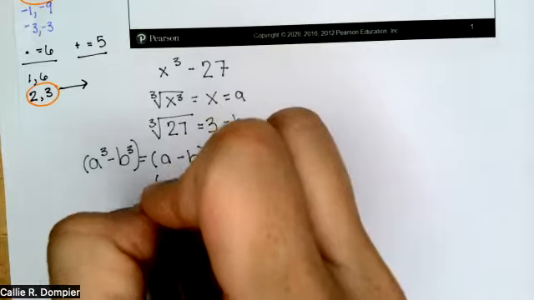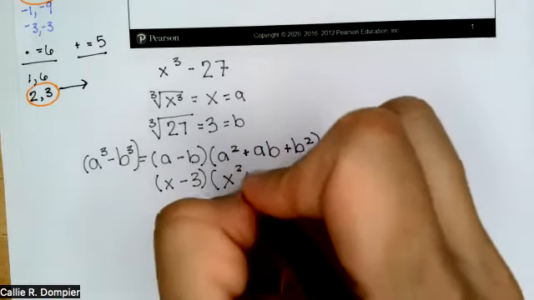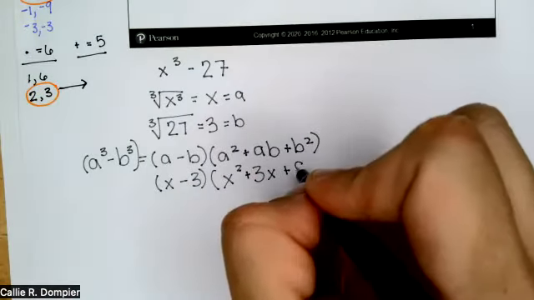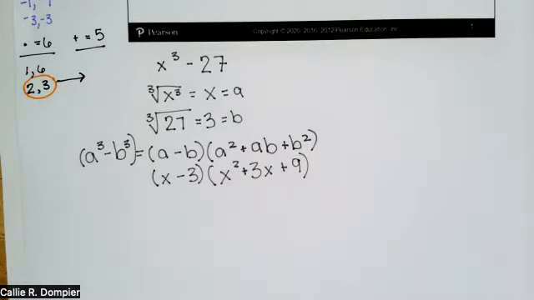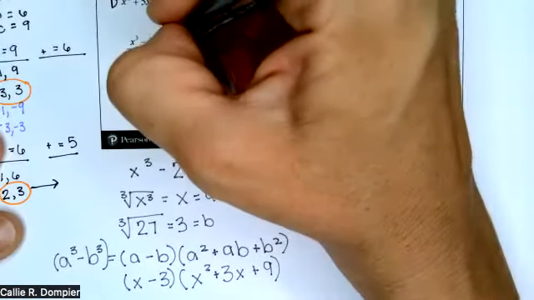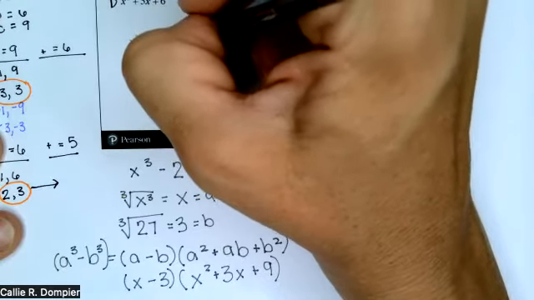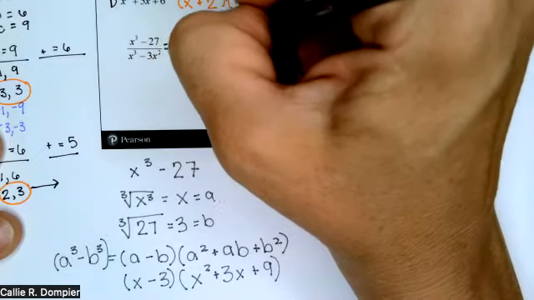A becomes X, B is 3, so it's now X minus 3, X squared plus 3X plus 3 squared. I'm just going to immediately write 9, okay? And that's just a formula that you can write in your notes. So I'll put that here. X cubed minus 27 becomes the quantity X minus 3 times the quantity X squared plus 3X plus 9.